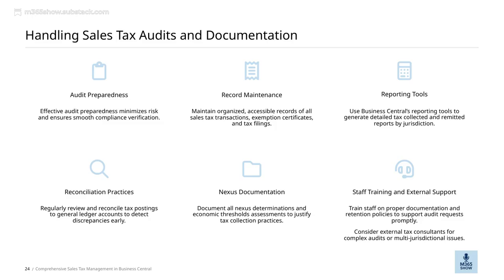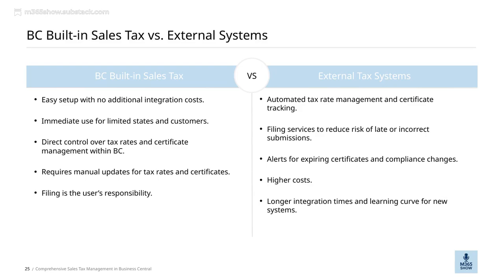Ultimately, being proactive with audit preparedness reduces your risks and keeps the process smooth. Proper documentation, regular reviews, and leveraging the right tools all contribute to a solid foundation for managing sales tax audits effectively.